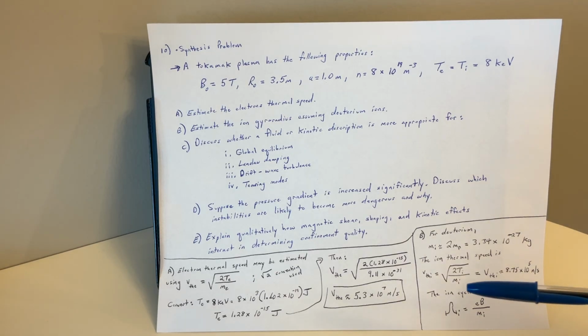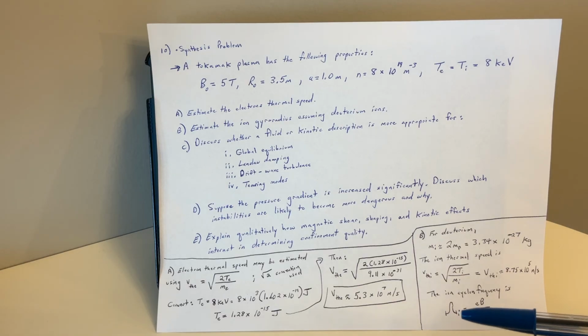The ion cyclotron frequency is omega_i equals eB over m_i. All right, so that takes care of A and B.